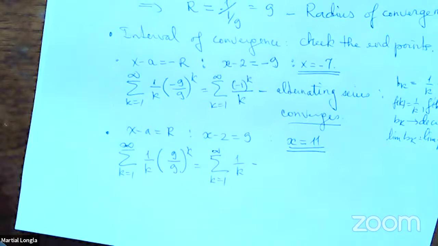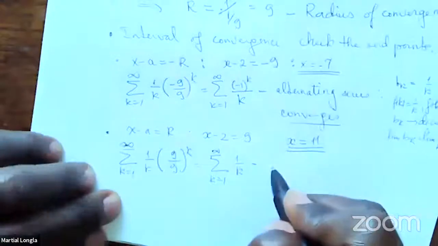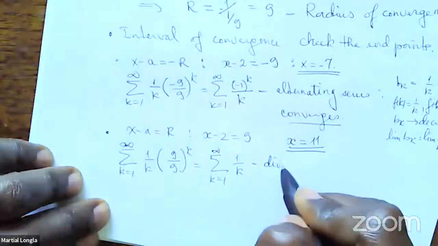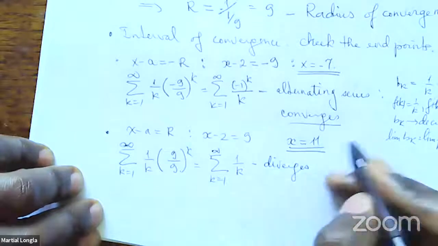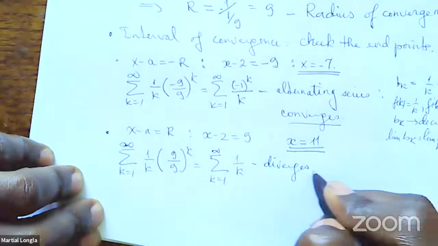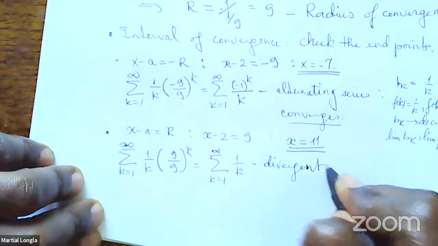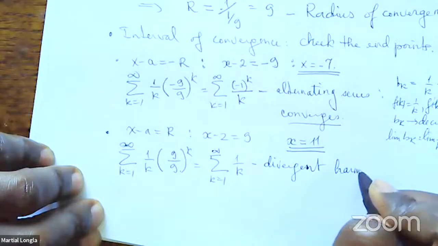Isn't that a p series with p equaling 1? It is, and therefore the conclusion is that it diverges. This is actually called the harmonic series. So this is the divergent harmonic series.